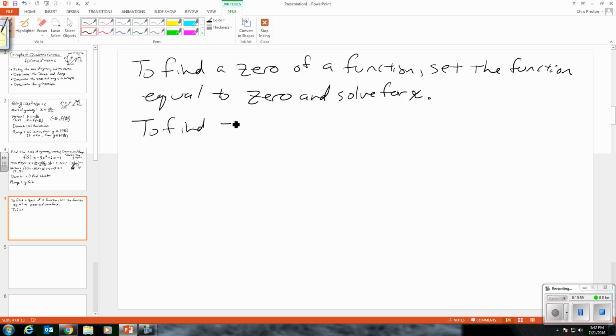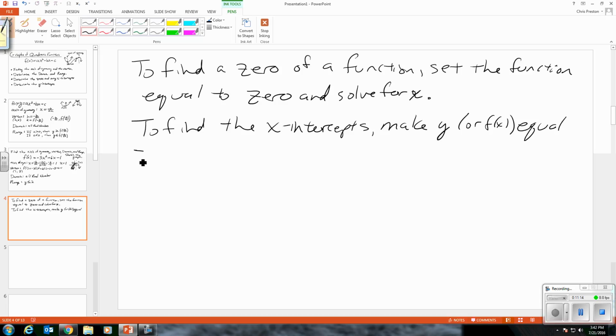To find the x-intercepts, make y, or in other words, f of x, equal to 0, and solve for x.